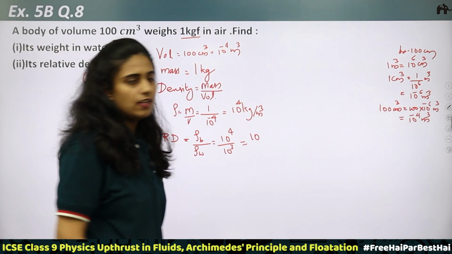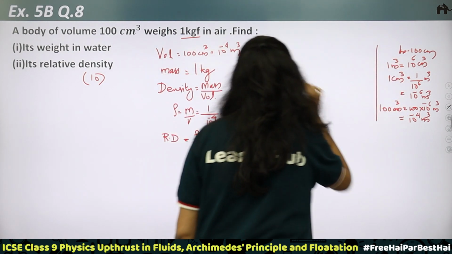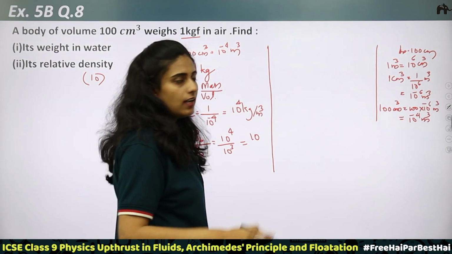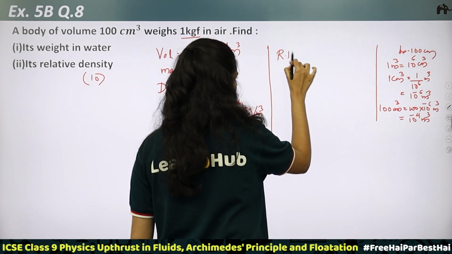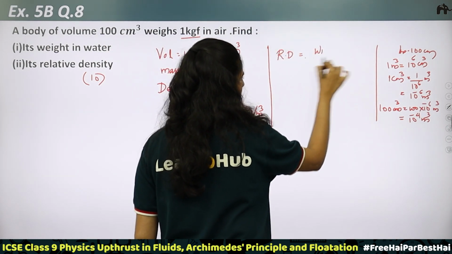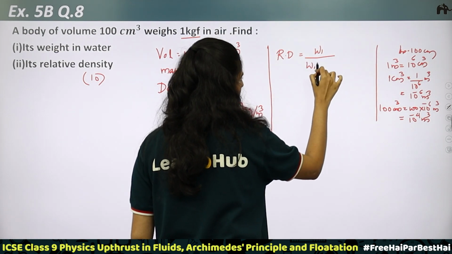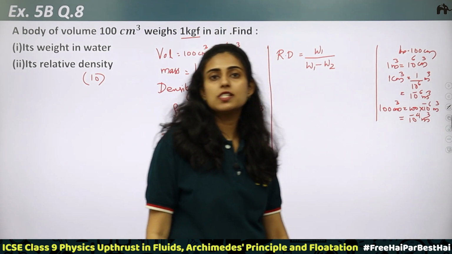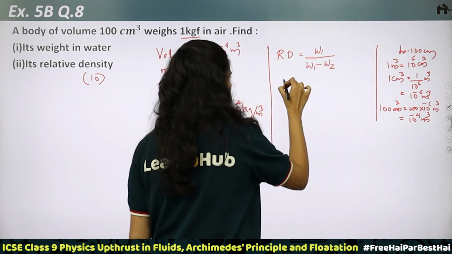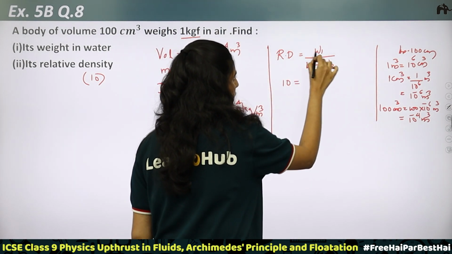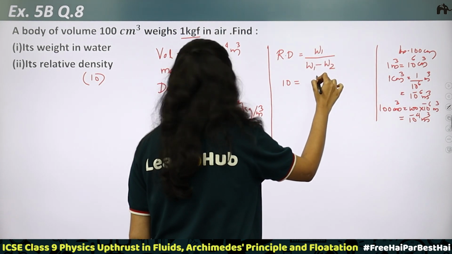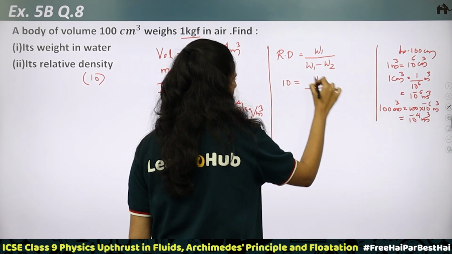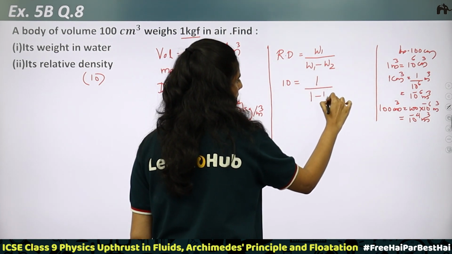Now using relative density, the value of the weight in water can be determined. So how to find the weight in water? We have relative density of a body equal to weight in air divided by weight in air minus weight in water. W1 is the weight in air and W2 is the weight in water. So the relative density value we have, that is 10, equal to weight in air 1 kilogram force, so 1 divided by 1 minus W2.